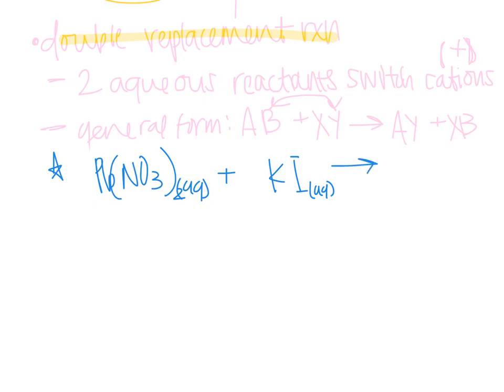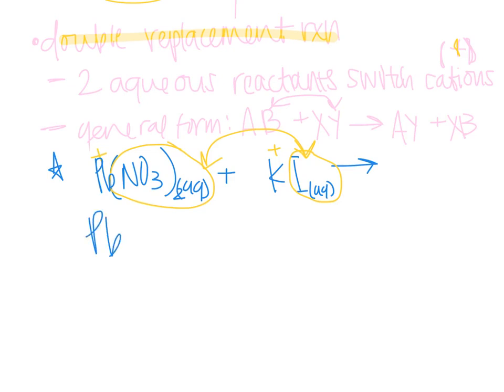So in here, just the two aqueous reactants, this is the aqueous reactant and this is the aqueous reactant. These two are going to switch the cations that they're with. So in this, the cations, remember, are the positive metals. So here's our positive metal, and here's our positive metal. So they're just going to switch.